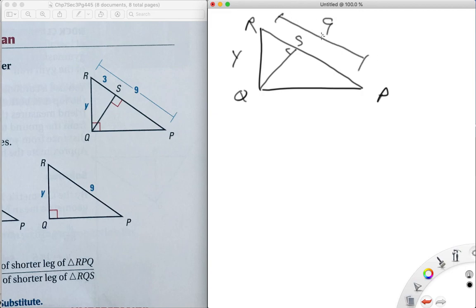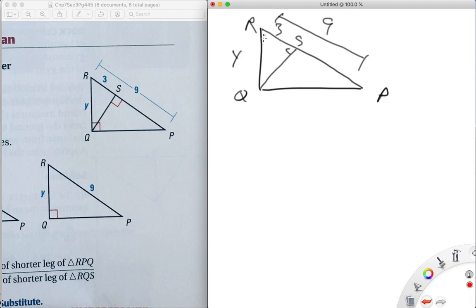9. Alright, so they want me to find Y. I can draw the similar figures. I can draw the triangles if I wanted to, or I can use those means. And the way that this works is I have hypotenuses over here, right? Here's a hypotenuse over here, and then I have this 3 over here. Since I know I have all these hypotenuses, I have nothing in here, right?